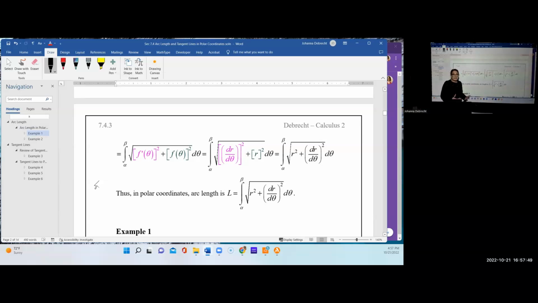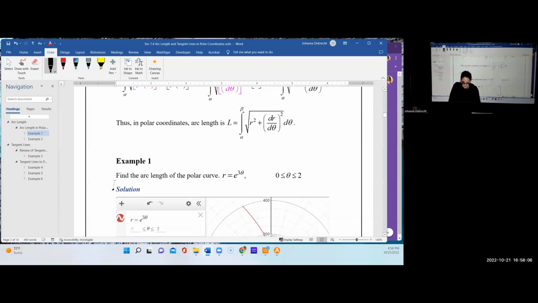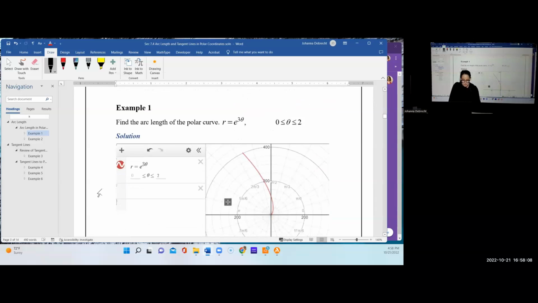It's essentially the same thing, but when we substituted, we got a lot of substitution and cancellation with the Pythagorean identity, and we ended up down here getting this integral. So now what we want to do is apply this in example 1.